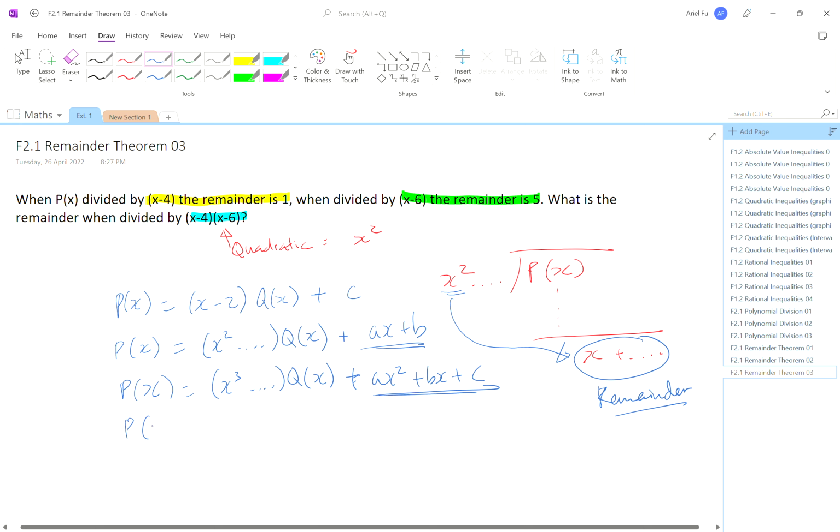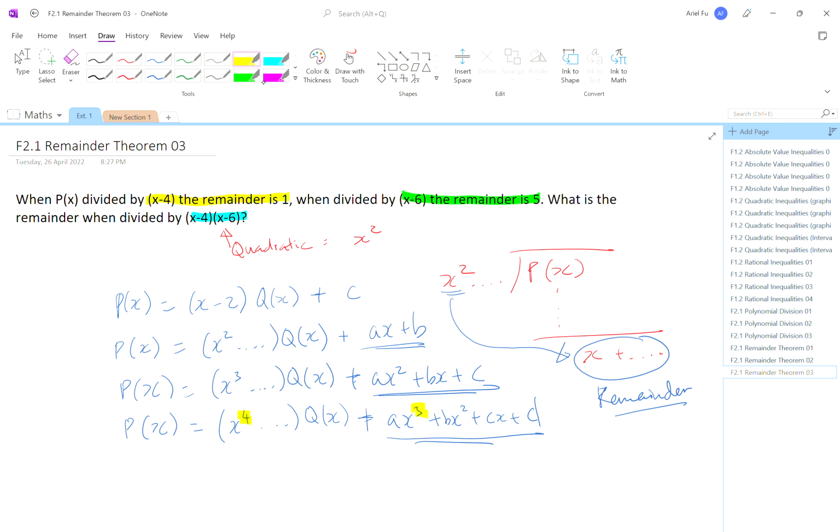Let's do one more. If a polynomial is divided by a 4th degree polynomial, then you might end up with ax cubed plus bx squared plus cx plus d. So your remainder could be a cubic expression. What that means is if the divisor is 4th degree, the remainder can go all the way up to one degree less, so it will stop at the 3rd degree.